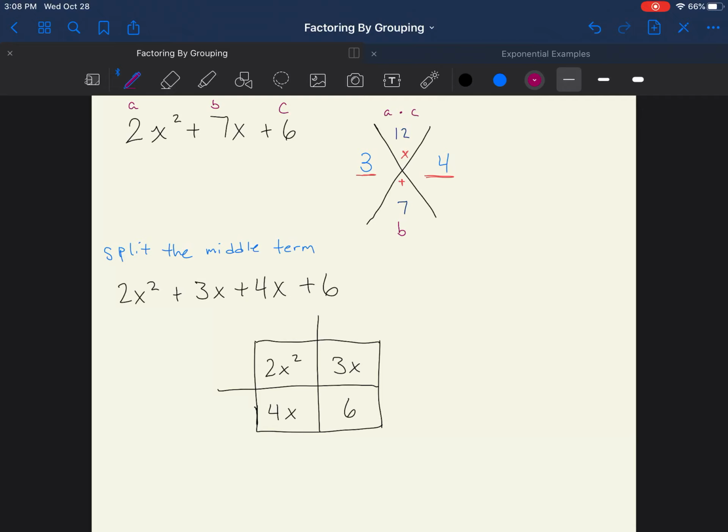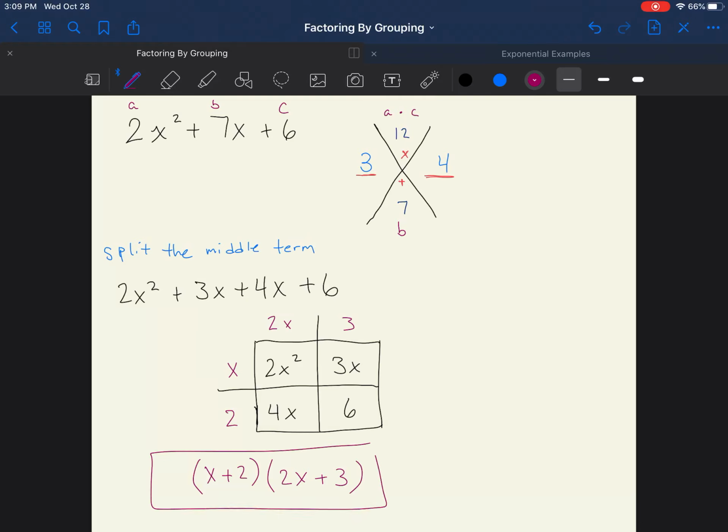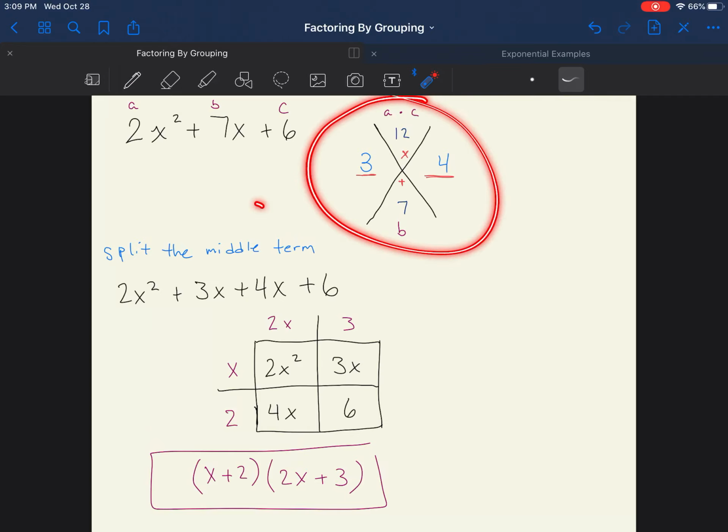The only common factor I have here is x, and if I divide that out, I'm left with 2x and 3. Here my common factor is 2, and those match up. So my factored form is going to be x plus 2 times 2x plus 3. All right, so your new part here is this up here, finding out how to split the middle term.